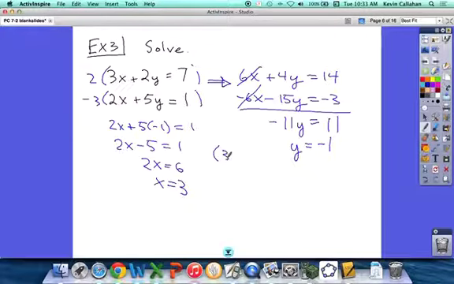So that is the point (3, negative 1). And I can check. 3 times 3 is 9, plus 2 times negative 1, that would be minus 2, is 7. Check. 2 times 3 is 6, plus 5 times negative 1, that'd be 6 minus 5, 1. That works.